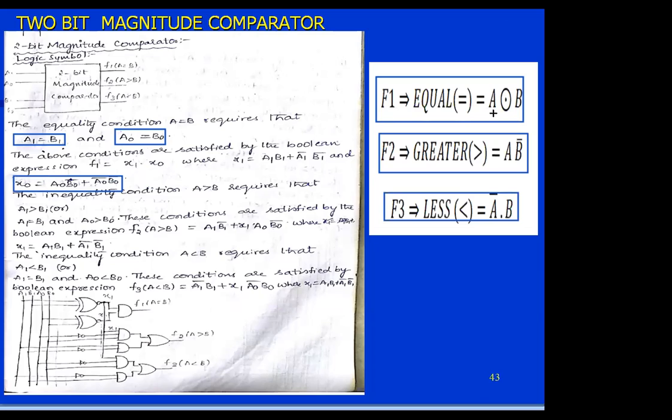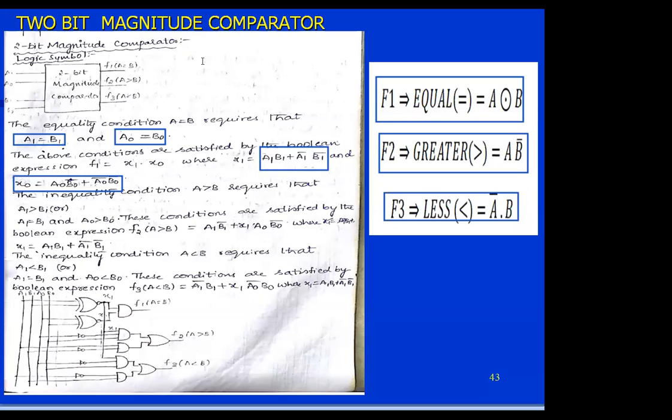A exclusive OR B. Therefore, నాకు lower segment bits A0 B0 కాబట్టి exclusive OR operation: A0 into B0 plus A0 bar into B0 bar. Similarly, X1 అంటే ఏమవుతుందని A1 exclusive OR B1 కాబట్టి A1 into B1 plus A1 bar into B1 bar.